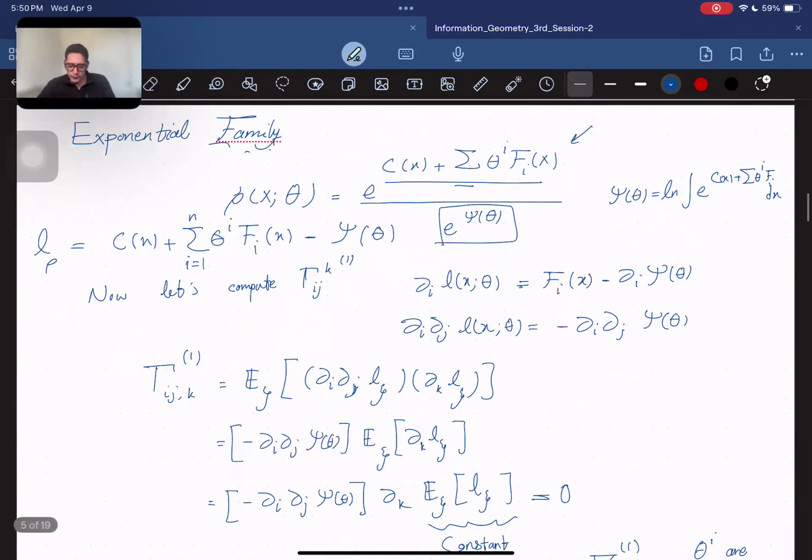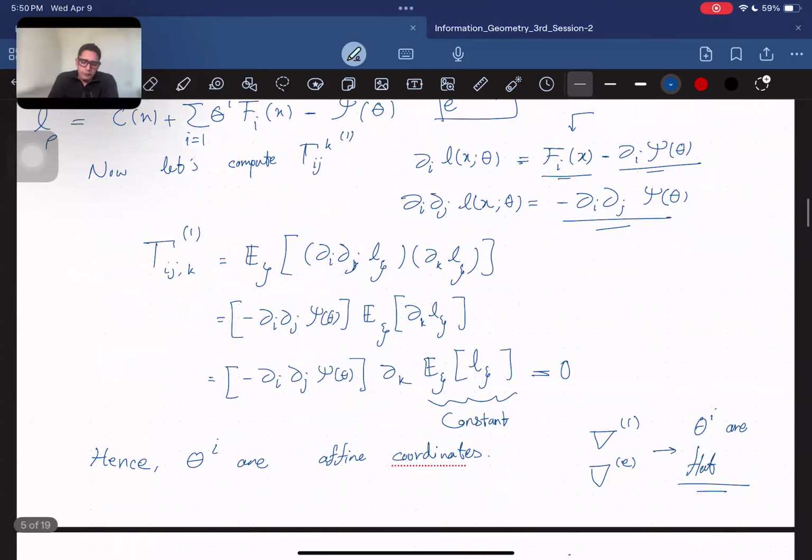So if you take derivative with respect to theta i, then all you have is phi i of x minus this. And then if you take the derivative with respect to the other parameter, because this thing doesn't have any dependencies on theta j, this is what you end up with.